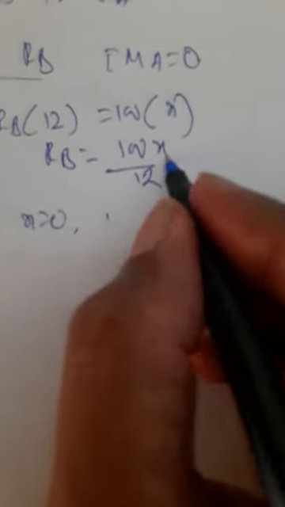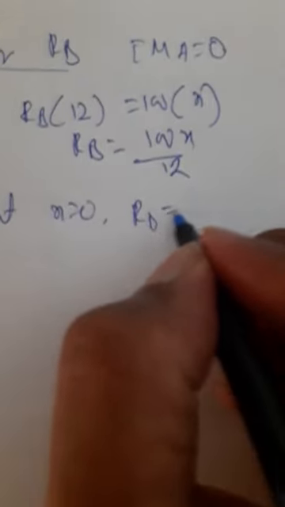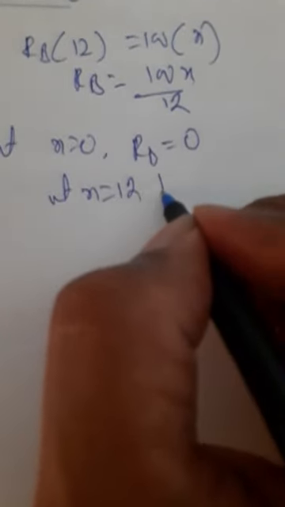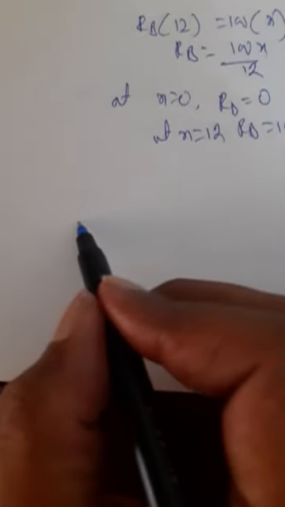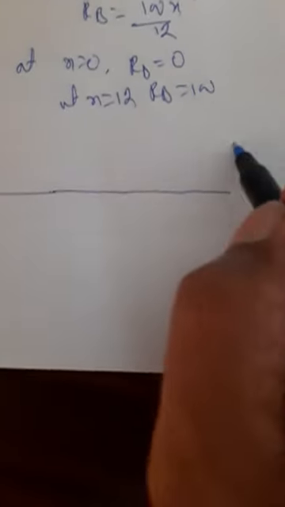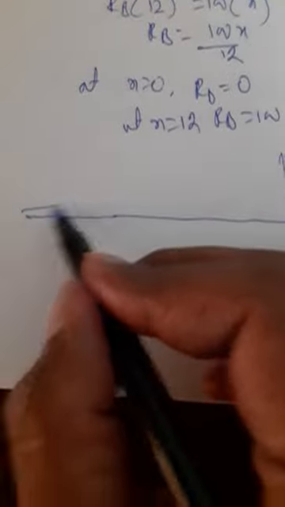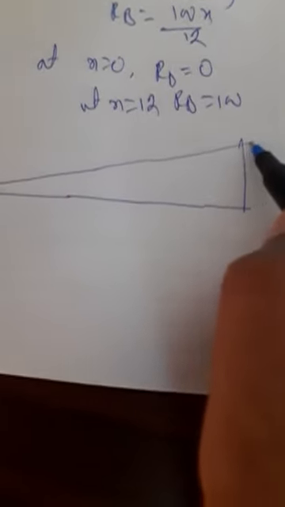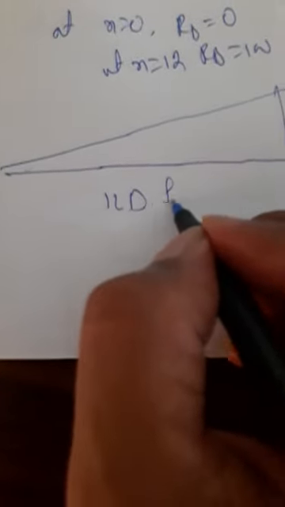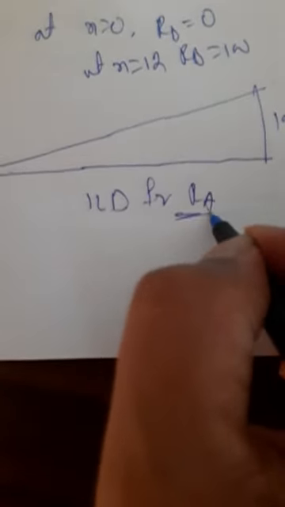At x is equal to 0, substitute x is equal to 0 here, RB is equal to 0. At x is equal to 12, RB is equal to 100. So this is the ILD for RB.